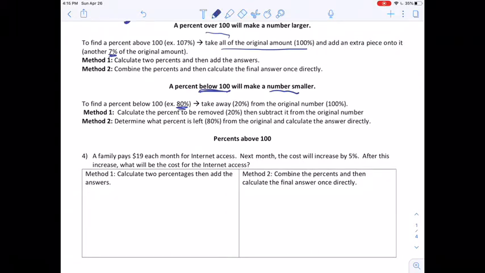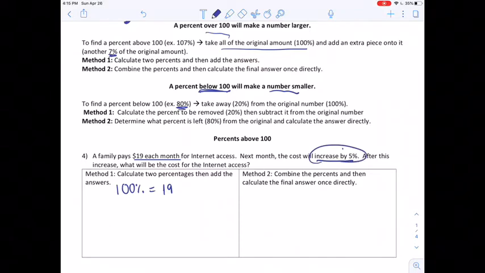So for percents above 100, a family pays $19 per month for internet access. That's pretty cheap. Next month, the cost will increase by 5%. After this increase, what will be the cost for the internet access? Okay, so method 1 is to calculate the 2 percentages and then add them together. So we know the 2 percentages would be the 100%, all that it was, so that's $19. And then it's going to increase by 5%.